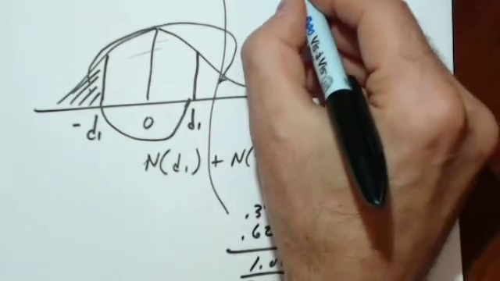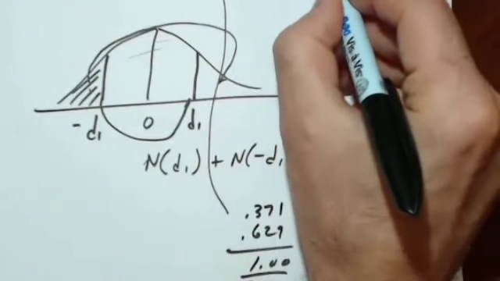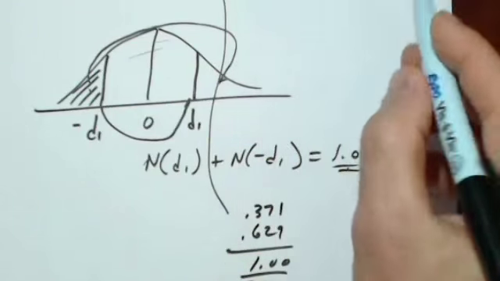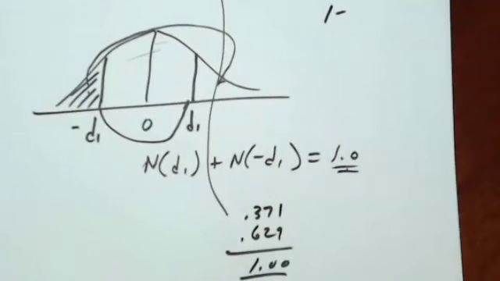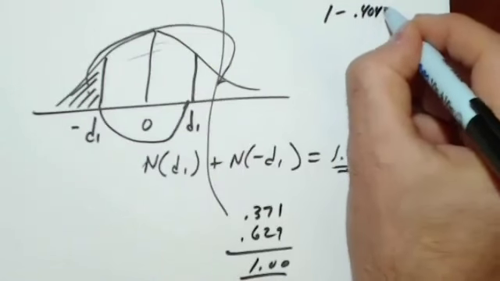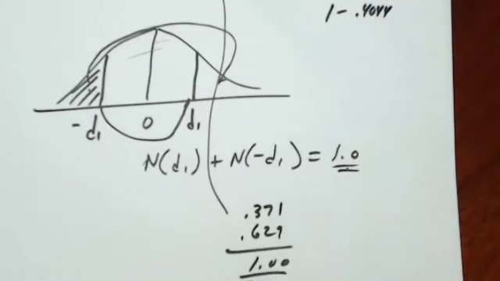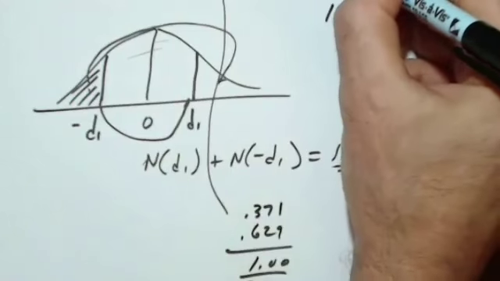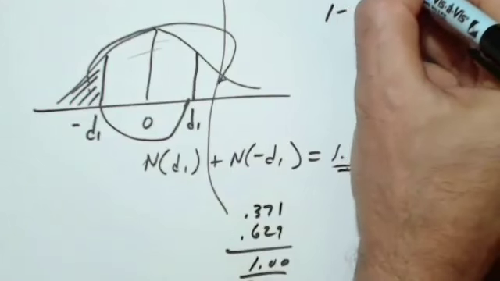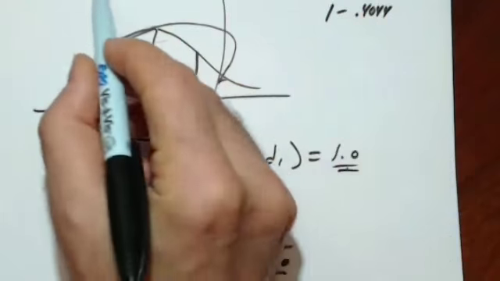And this is 24.35, and this comes out to be 1 minus 0.4044, which happens to be 0.5956.